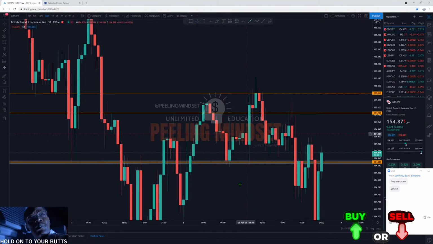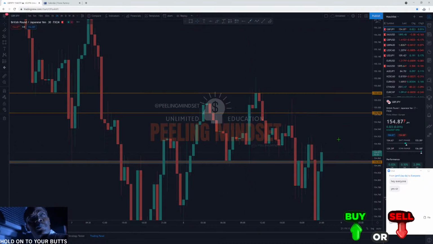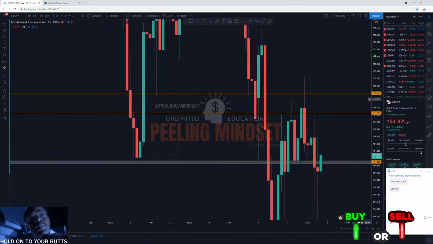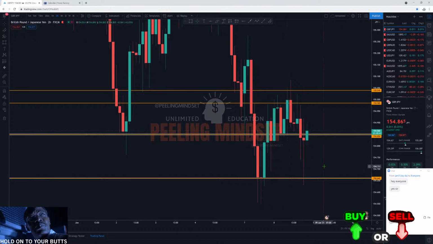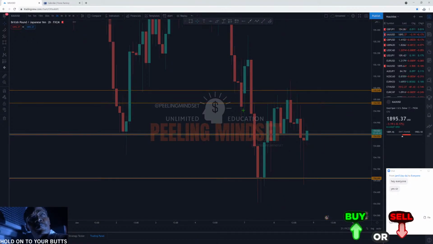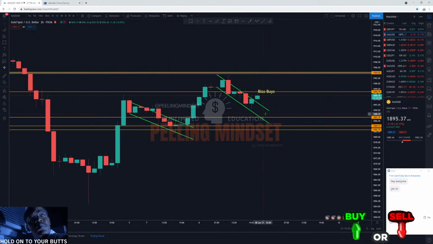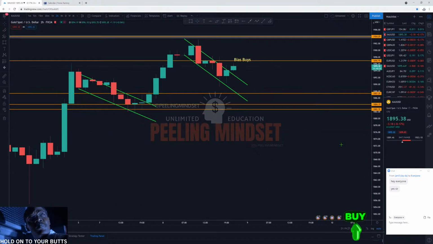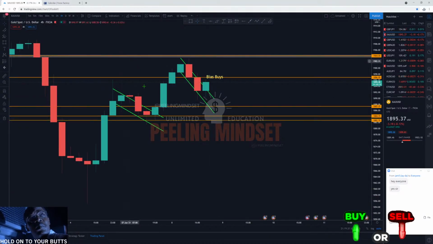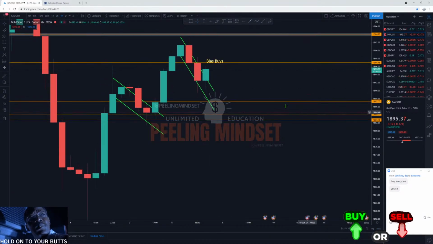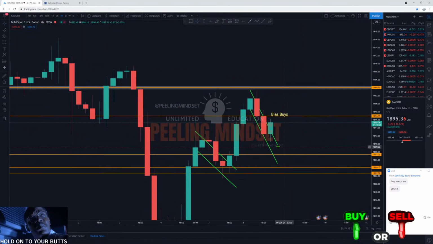Let's see. On a 2-hour perspective, pound yen bias is still sell. For me, the bias hasn't changed yet. Let's look at gold at the same time. The 4-hour candle in gold is going to close in the next hour and 40 minutes.